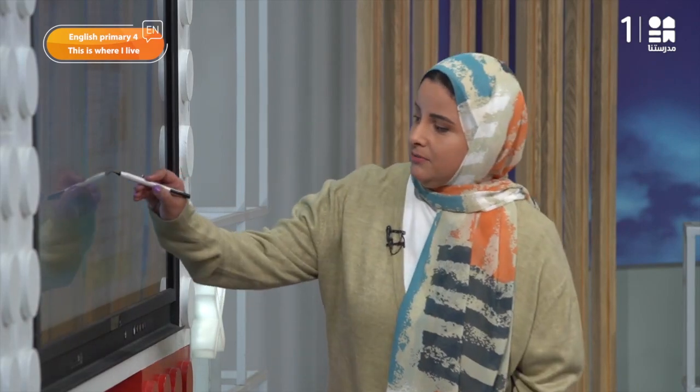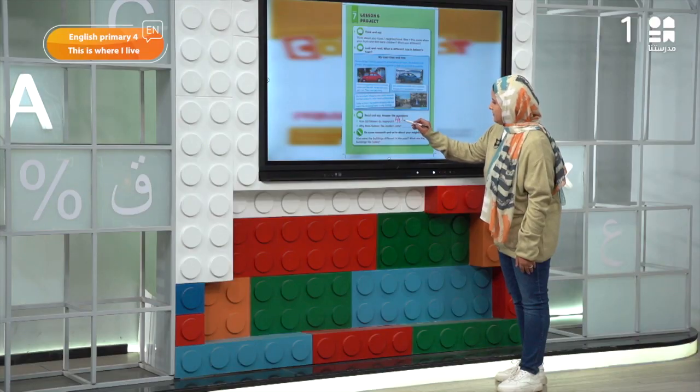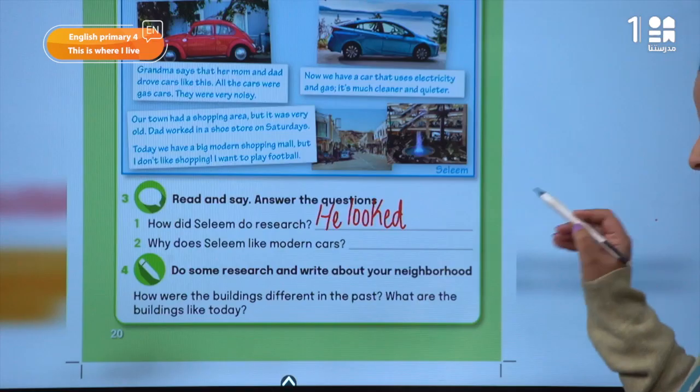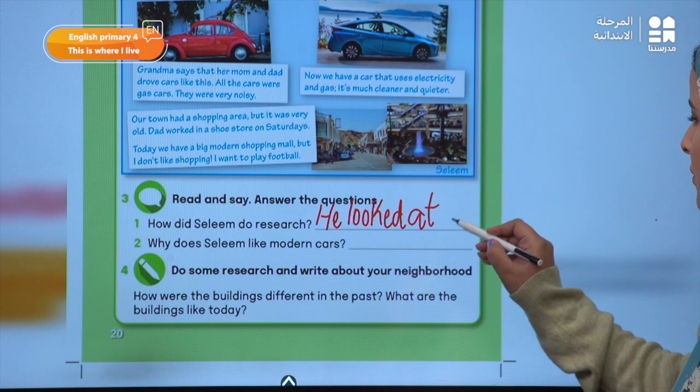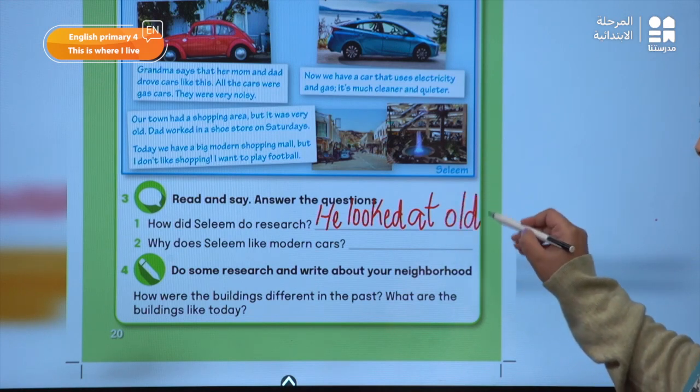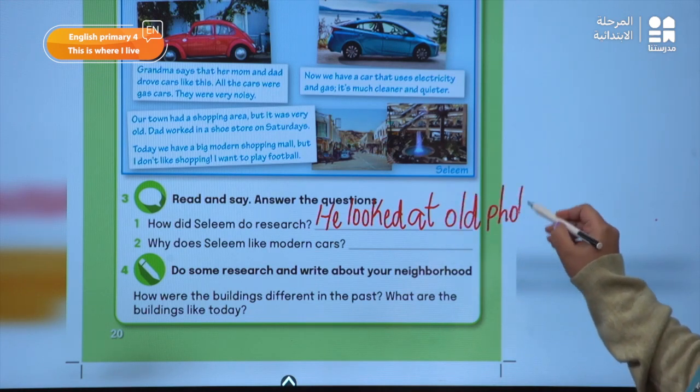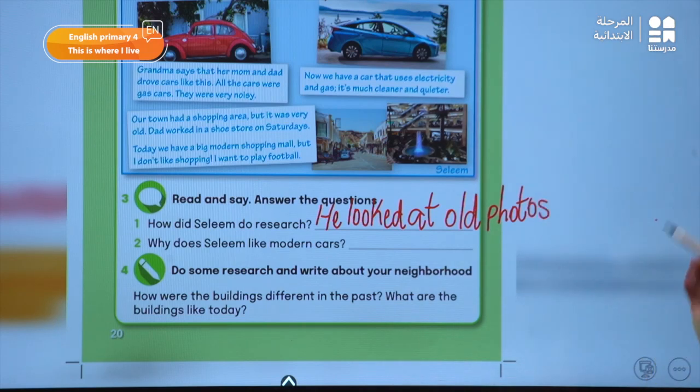So he looked at old photos. What else did he do?